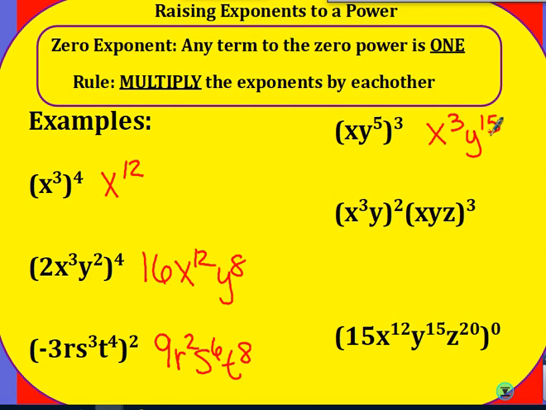The next example will have two steps. Step 1 is to apply the power-to-power rule. For the first set of parentheses, I will raise x to the third, y to the second power. I will now raise xyz to the third power.